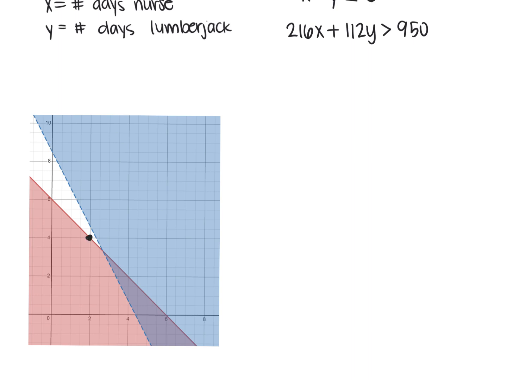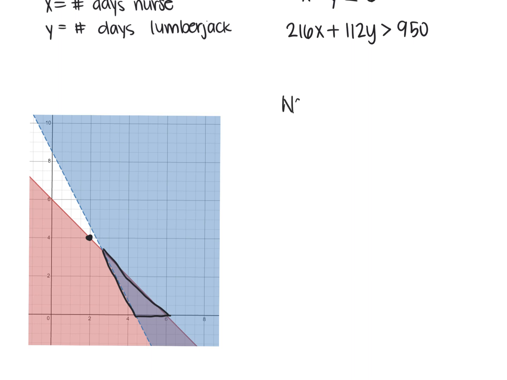My solution region, the number of days where he can work to make enough money, is the region where they overlap, so the darker region. My darker region is in this triangle right here, which means any combination of days in that region is at most 6 and at least $950. In this case, my point is not in that region.